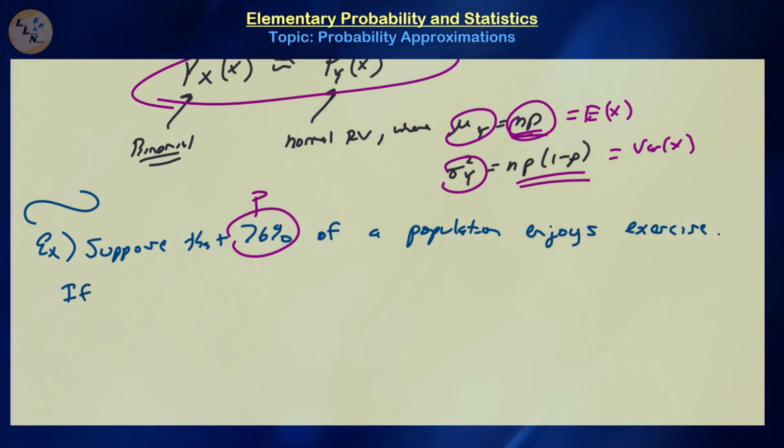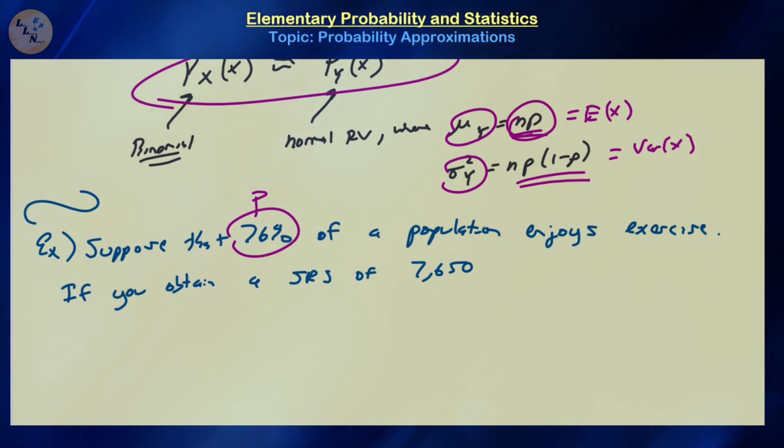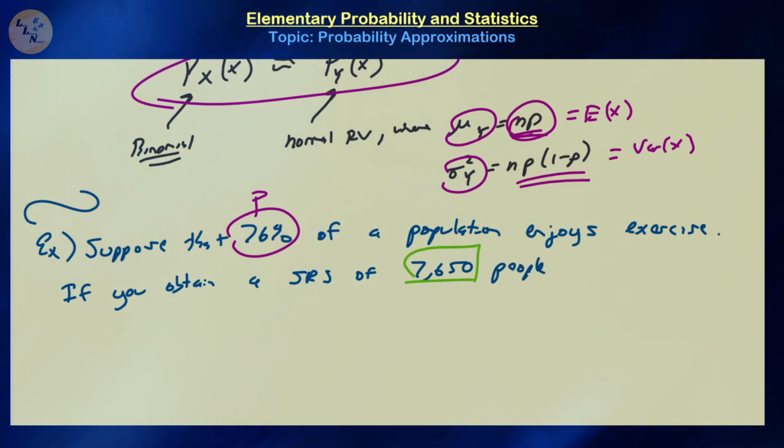If you obtain a simple random sample of 7,650 people, so again, we're going to have to ask ourselves, is this large, right? Because that's the assumption of the de Moivre-Laplace theorem.